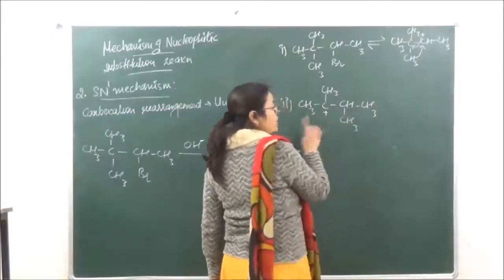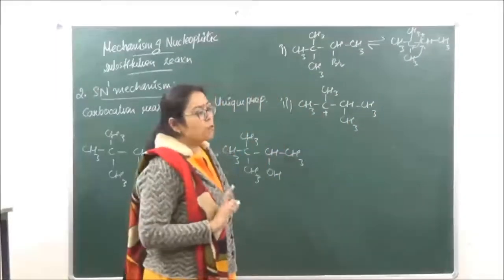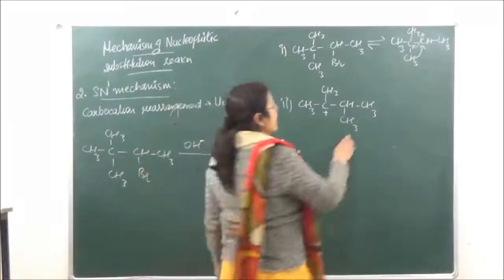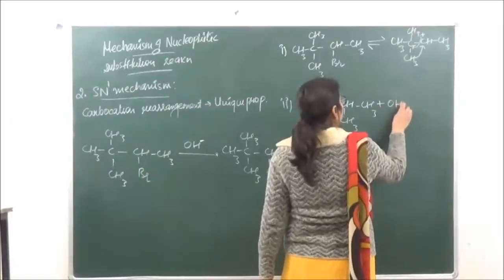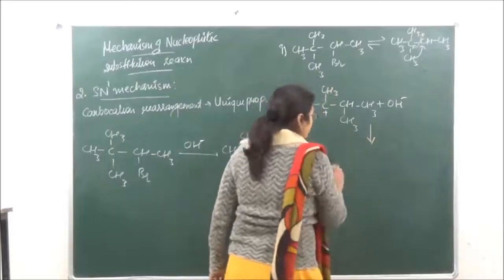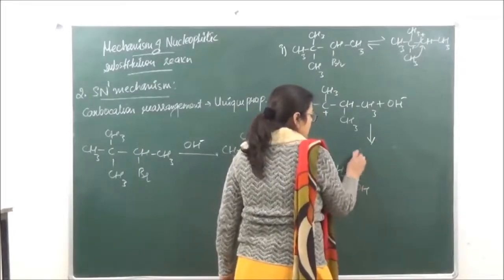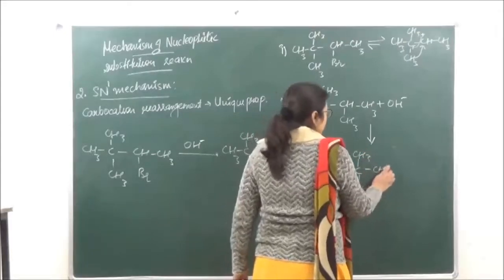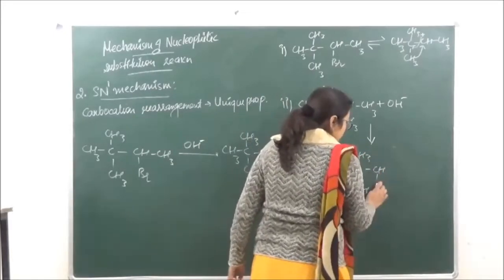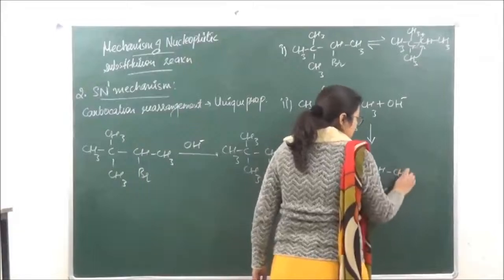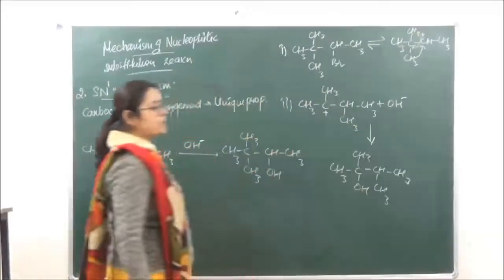So this is going to be a 3 degree carbocation which is more stable. Okay, so the actual product which we are going to get over here on attack of the nucleophile, this is the product which we are getting.